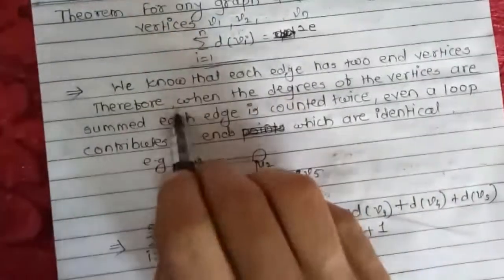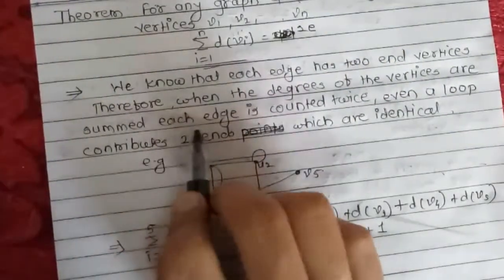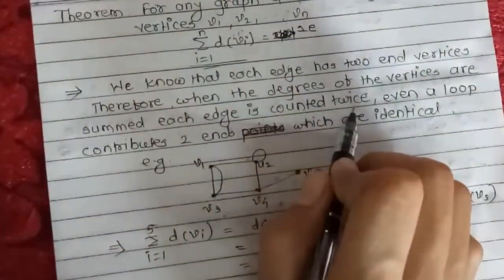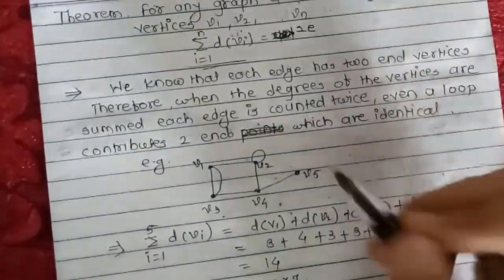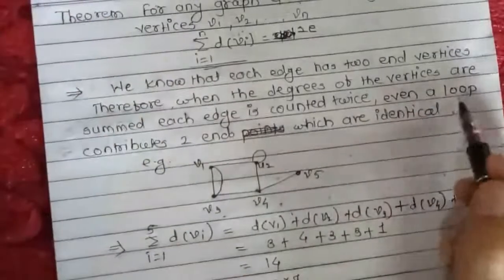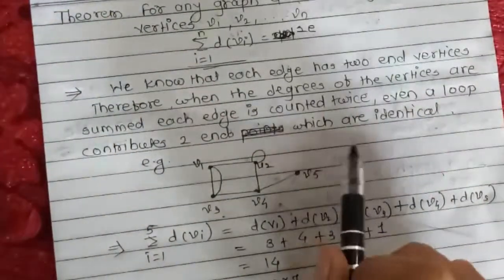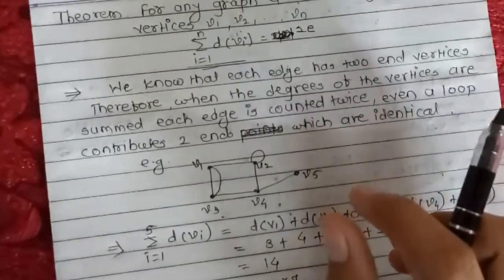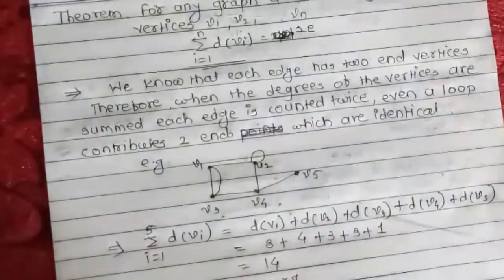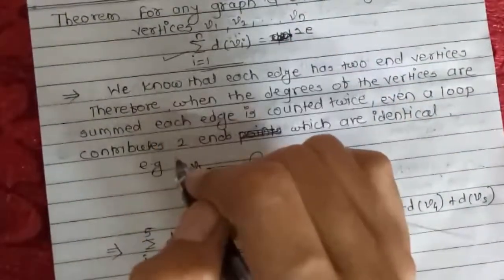Therefore, when the degrees of the vertices are summed, each edge is counted twice. Even a loop has two endpoints, but those endpoints are identical. That means the endpoints of a loop edge are the same. So this is a very simple statement.